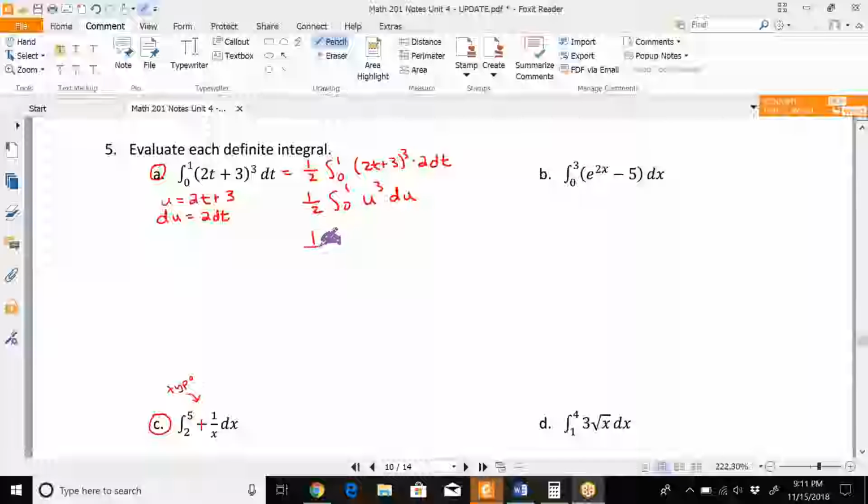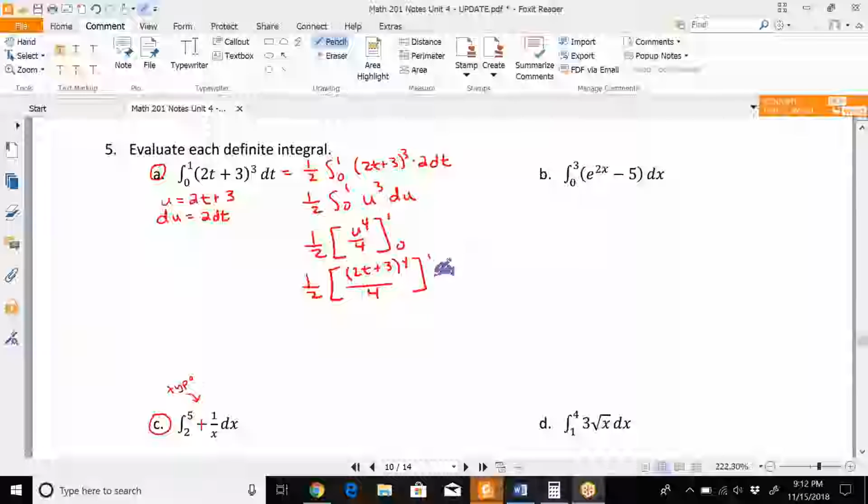We would do the integration here. So that would be u to the 4th over 4. And remember, this says from 0 to 1, but that's only if you're in the original variable. So we need to change those back to 2t plus 3. So this would be 2t plus 3 to the 4th all over 4.